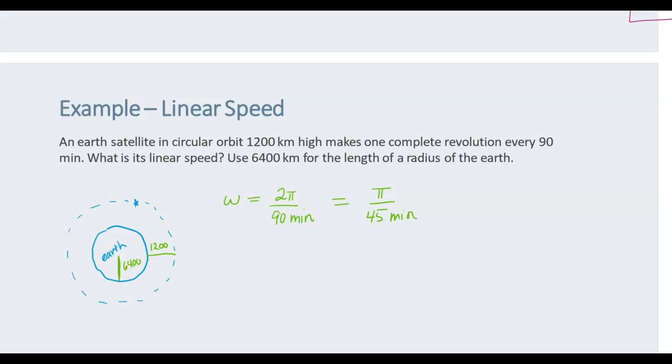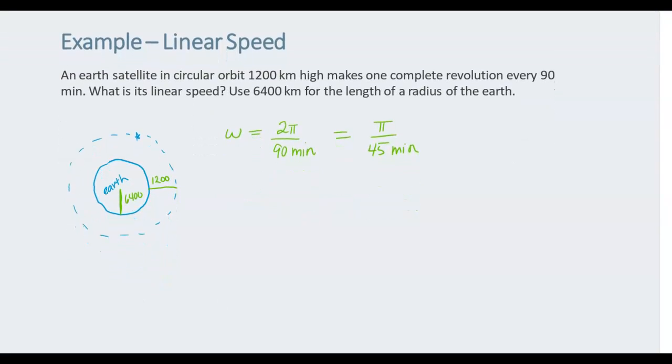Okay. So we want to find the linear speed, and we just had a formula a minute ago that would relate the linear and the angular speed. The radius that we're going to use, we've got to add the radius of the Earth and also the distance out to the satellite. So that's going to be 7,600 kilometers.